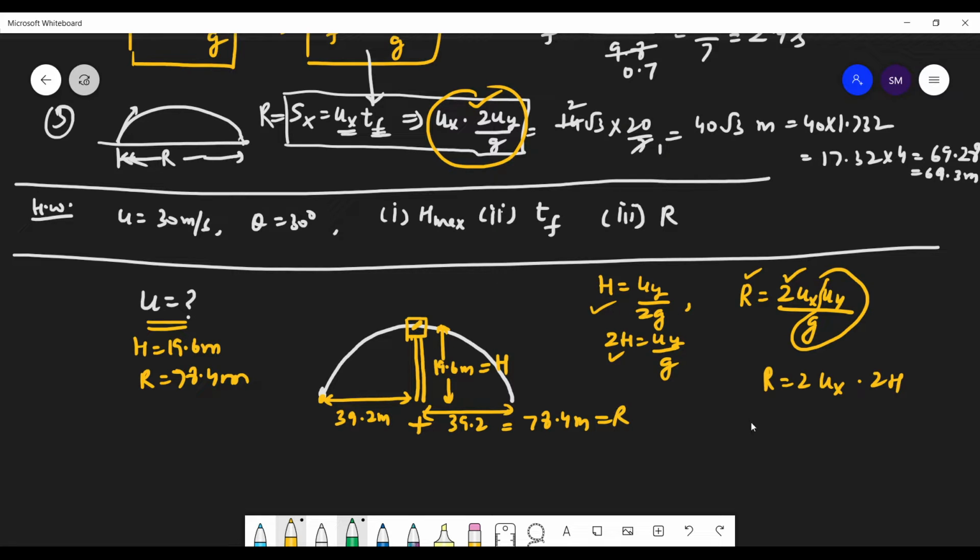So you can find the value of ux from here. You know the value of R, you know the value of H. But we are supposed to find U.